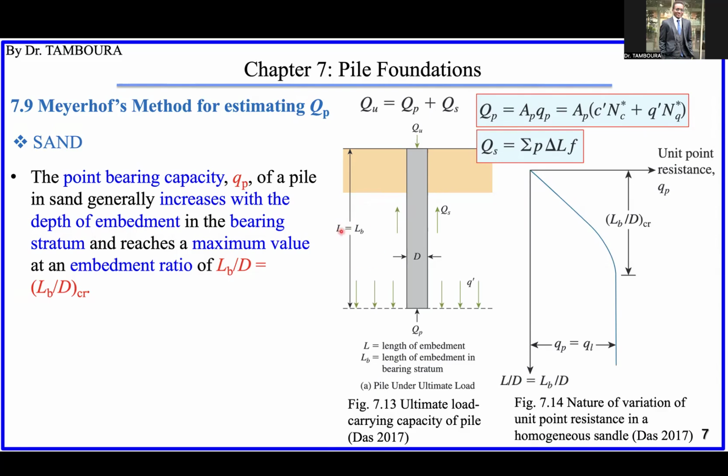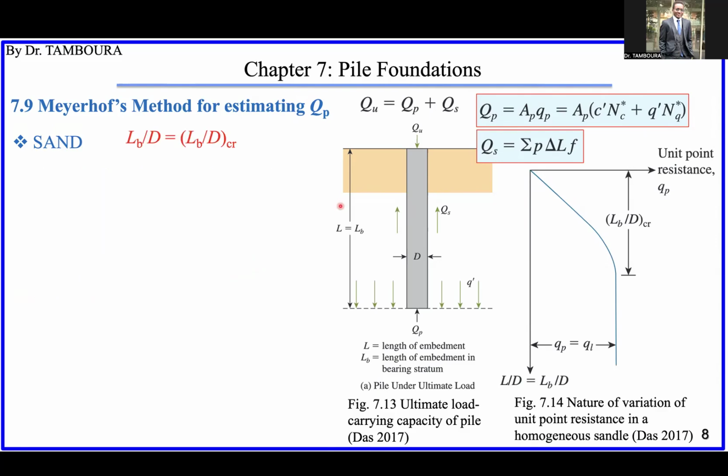In this case, L is equal to LB. LB has a definition, which we will give later, so I will put this here. When the embedment ratio reaches the critical one, then the end bearing capacity will become constant.